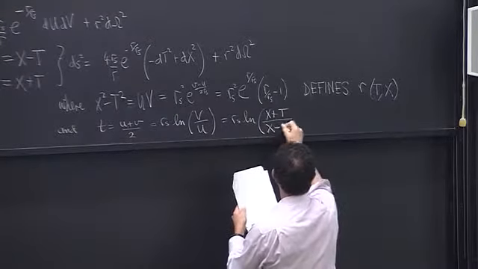So that is the metric in Kruskal coordinates. Okay, where this equation defines r.